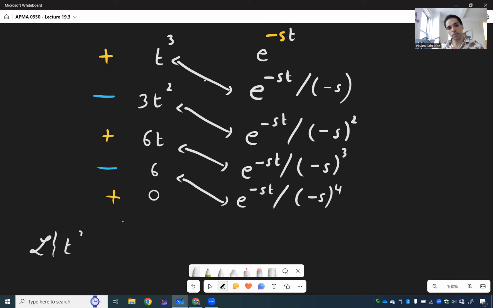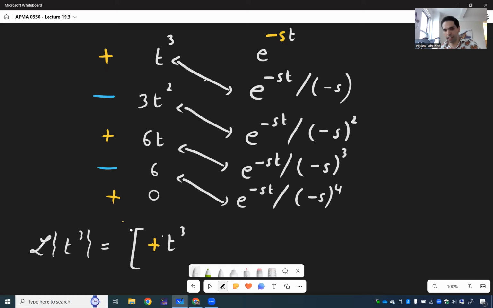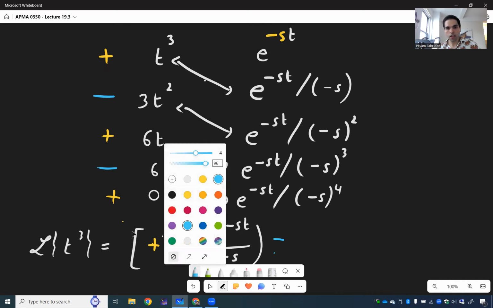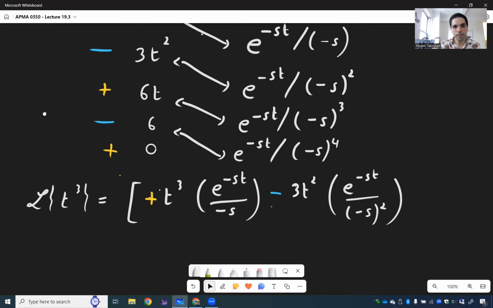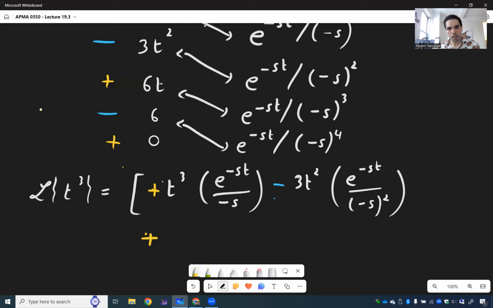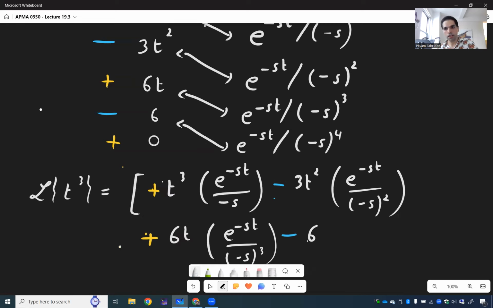So the Laplace transform of t cubed becomes plus t cubed times the diagonal term e to the minus st over minus s, and then minus 3t squared times e to the minus st over minus s squared, and then plus, I believe, 6t times e to the minus st over minus s cubed, and then finally minus 6 times e to the minus st over minus s to the 4th.